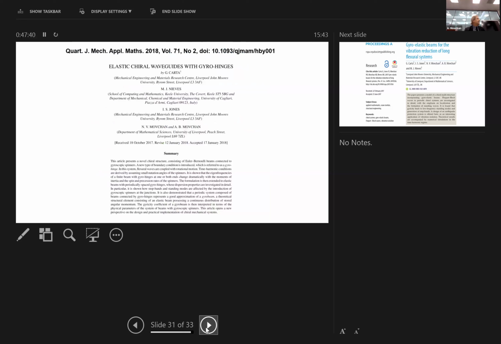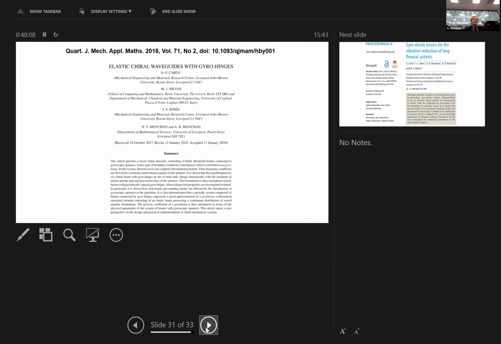Okay. So another paper, elastic chiral waveguides with gyro hinges. In this case, you have gyroscopes, but the conditions at the periodic waveguide are such that the displacements are zero and moments are zero.